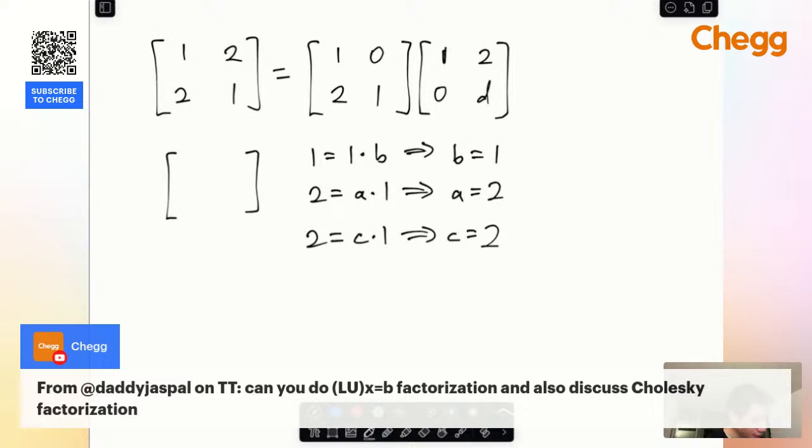And lastly, I have that this 1 implies that 1 equals 2 times 2 plus D. And that implies that D is minus 3.